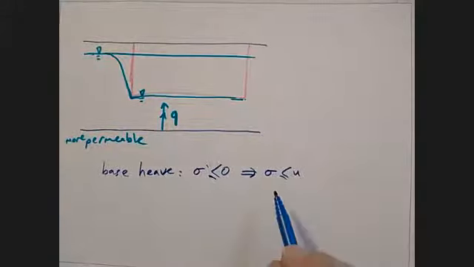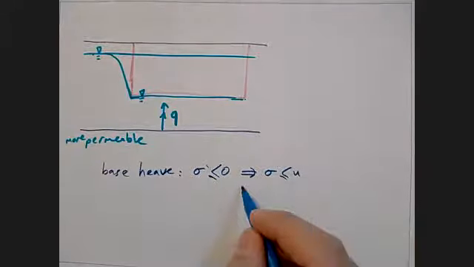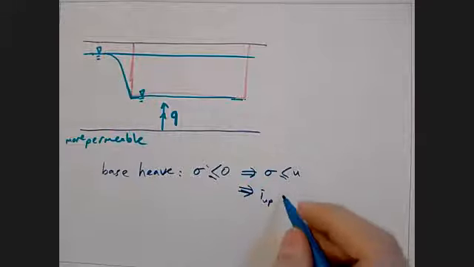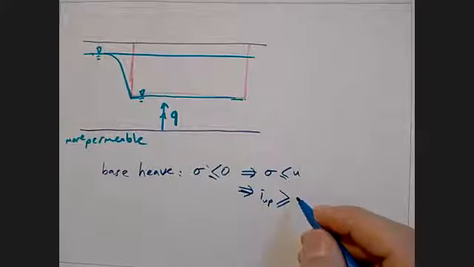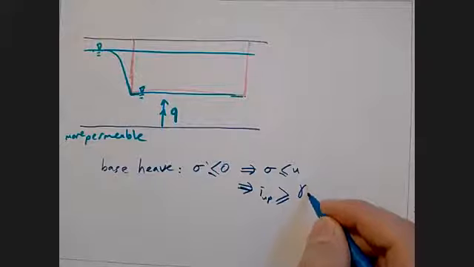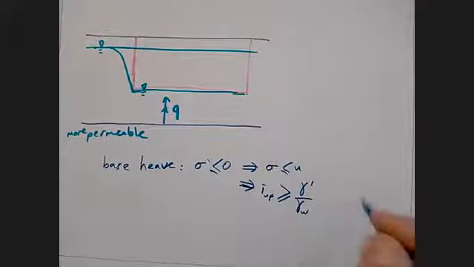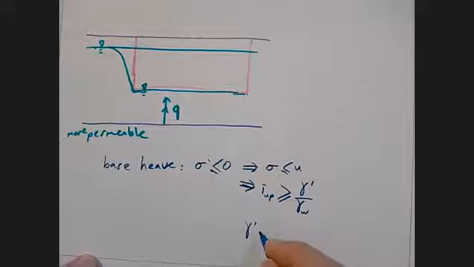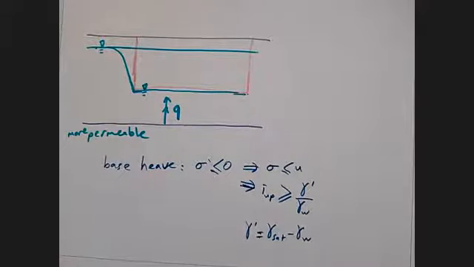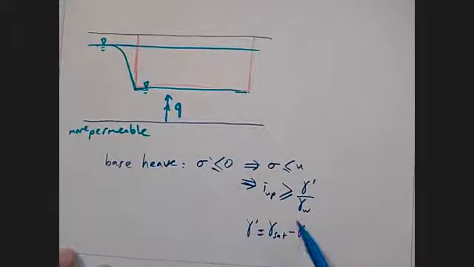But it also will mean i upwards is going to be greater than or equal to gamma prime, or gamma submerged, over gamma water, where gamma submerged is simply the submerged unit weight, because your effective stress is increasing by this much, and the head due to elevation is changing this much.